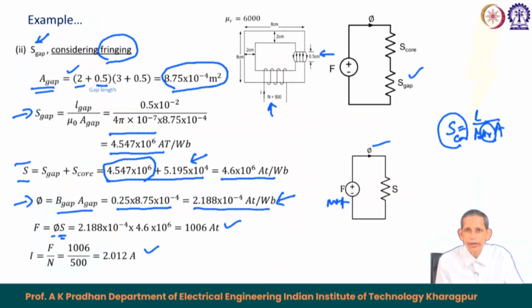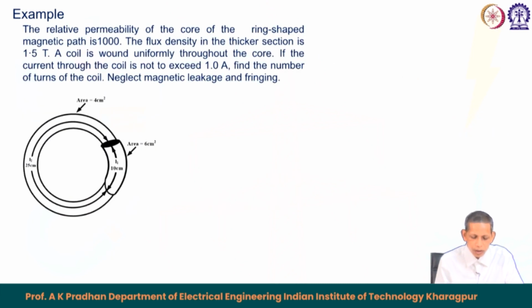So, we see here how to handle a problem for the air gap with consideration of fringing. The next problem is on a circuit like this, where a core is given. We have two sections, one a thick portion and one a relatively thinner portion.